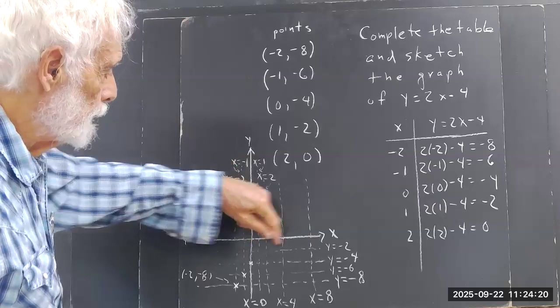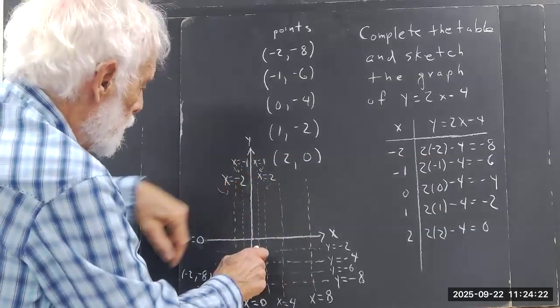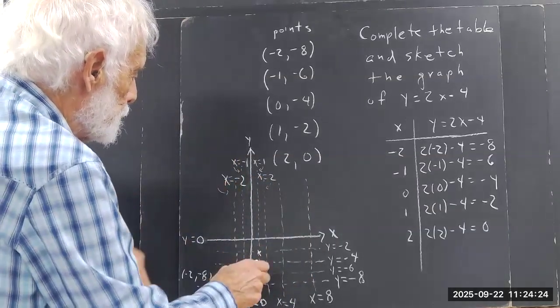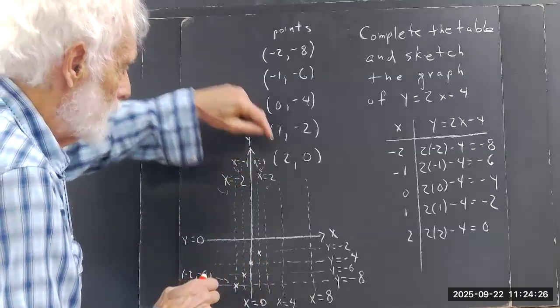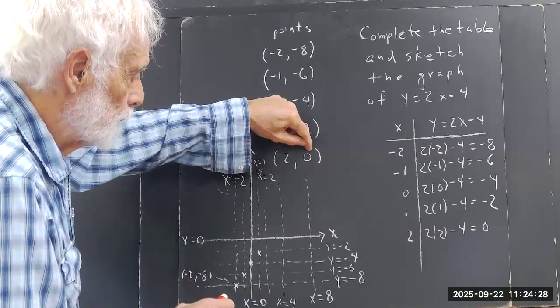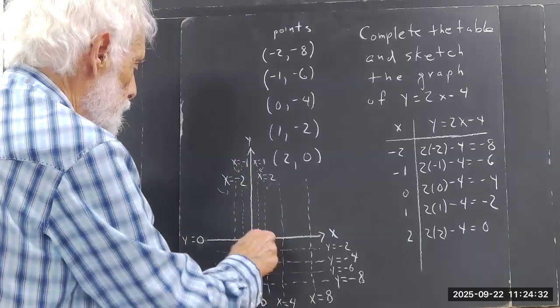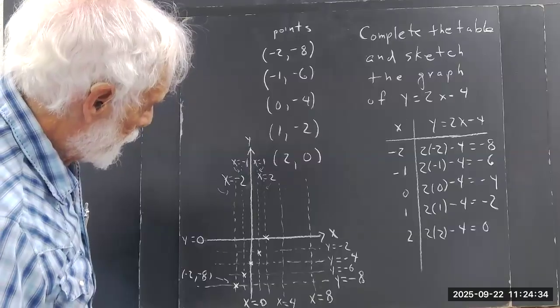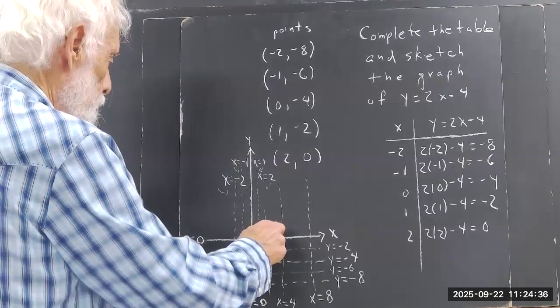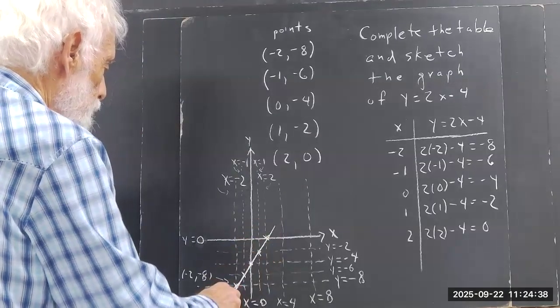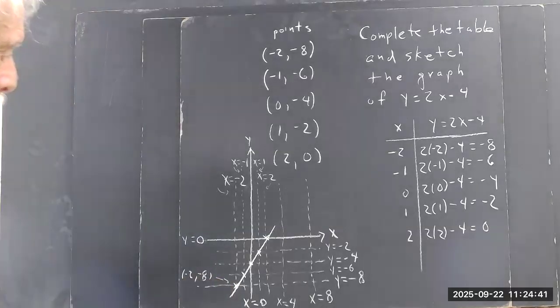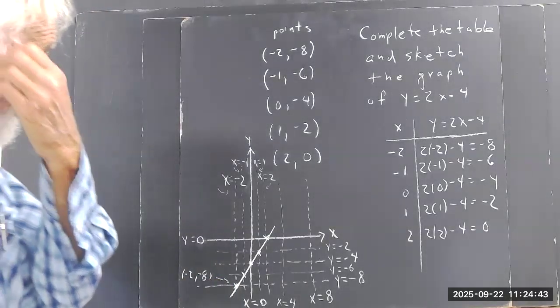The x equals 1 line meets the y equals -2 line right here. And the x equals 2 line meets the y equals 0 line. The y equals 0 line is the x-axis. And we've got these points, which appear to lie along a pretty straight line.